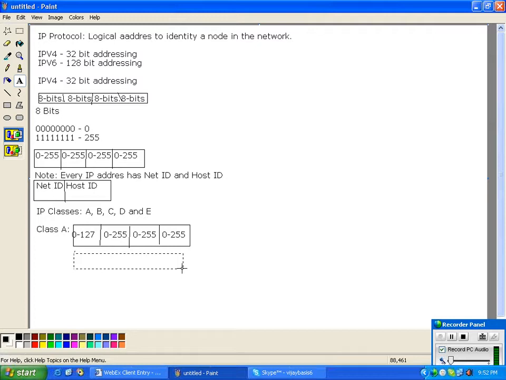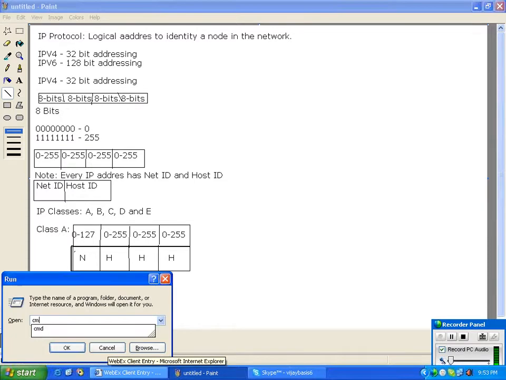So what is there in class A? What is the network and what is the host portion? How can I identify it? The first octet is the network, the rest of the octets are host.